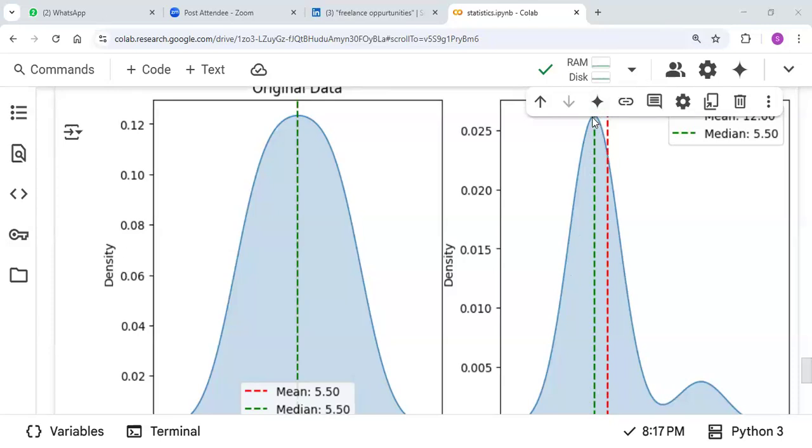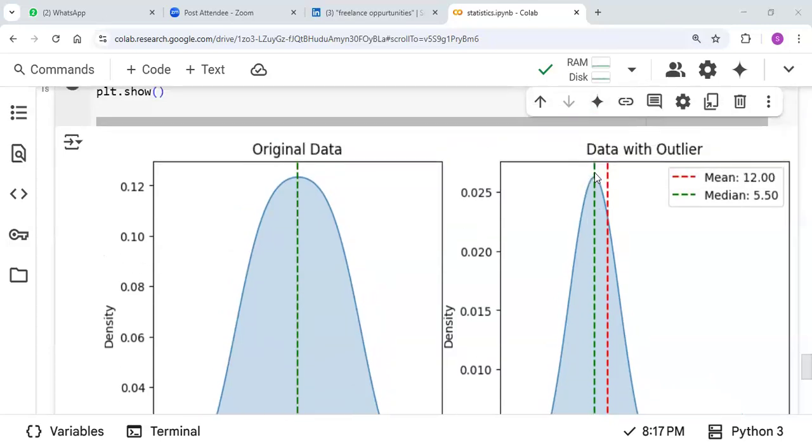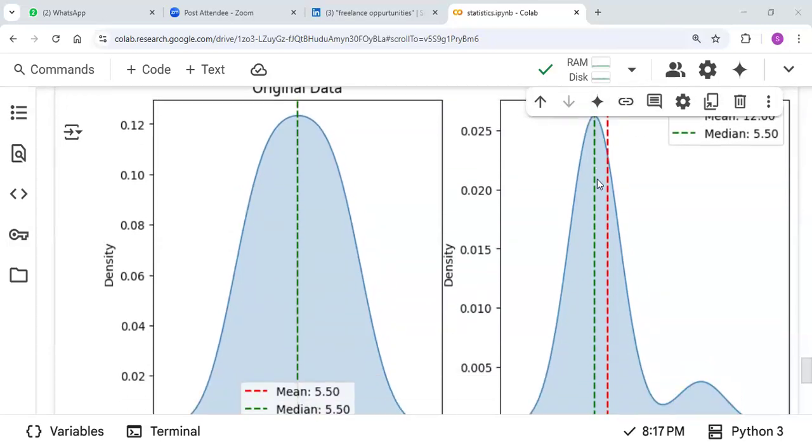So this value would be considerable in order to understand this particular deviation. This is called right skewed, guys.